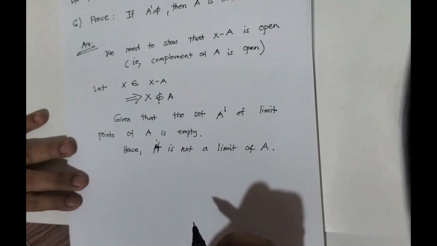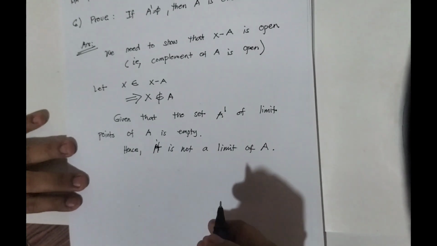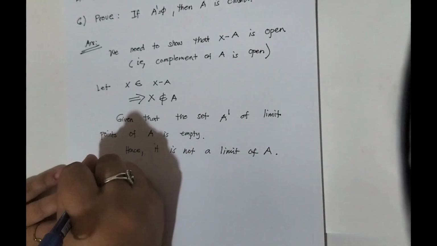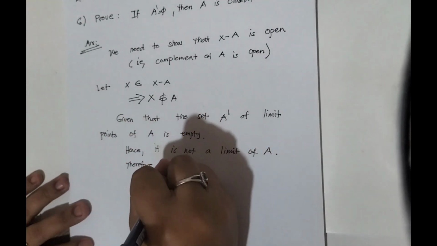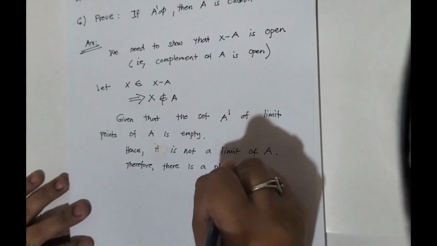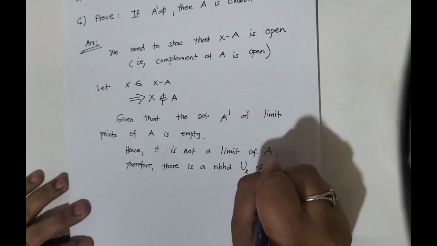Therefore, there is a neighborhood of x such that the neighborhood of x intersected with A equals the null set.